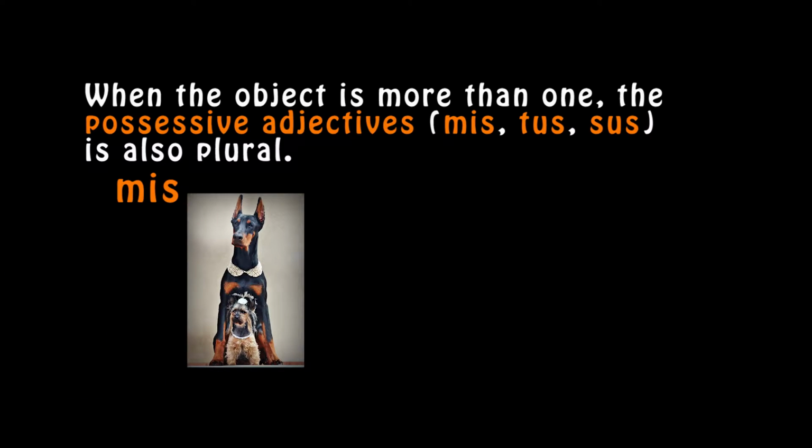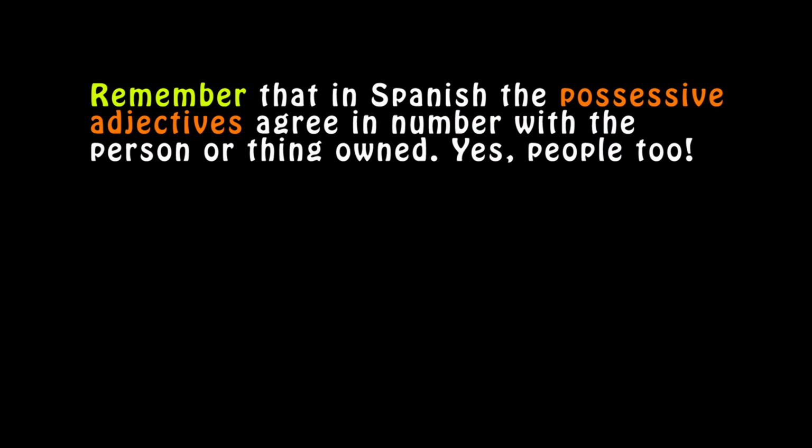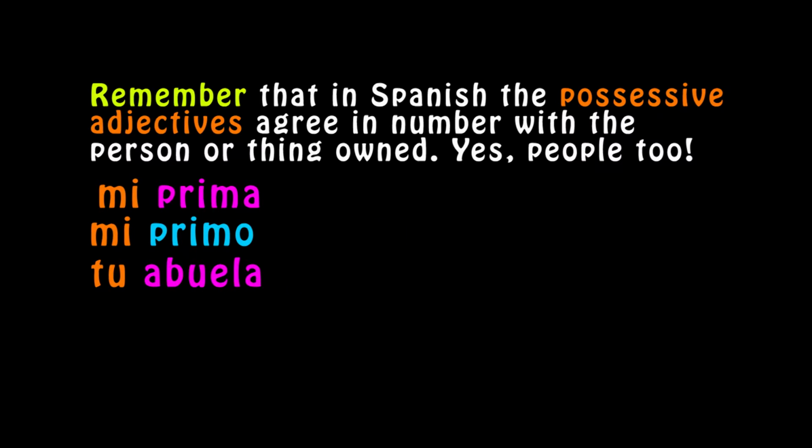For example, mis perros, tus perros, sus perros. Remember that in Spanish, the possessive adjectives agree in number with the person or thing owned. Yes, people too. Some examples include mi prima, mi primo, tu abuela, tu abuelo.